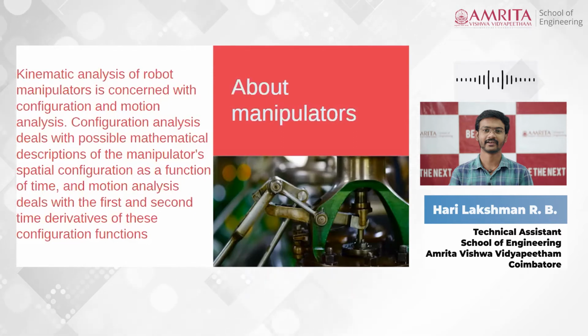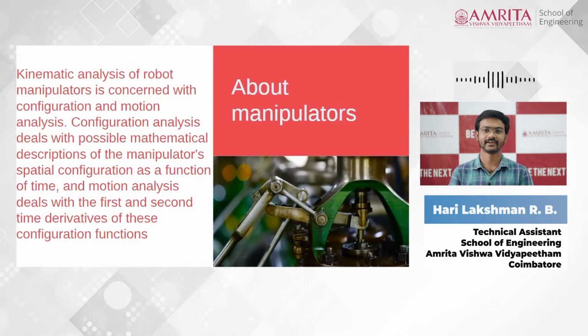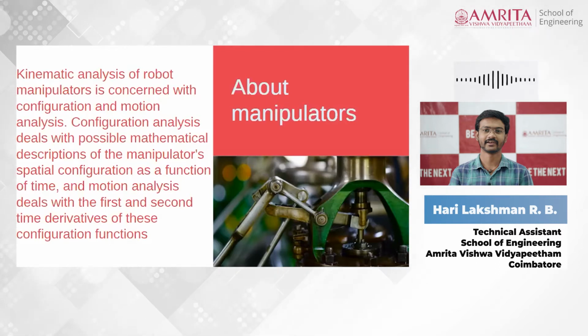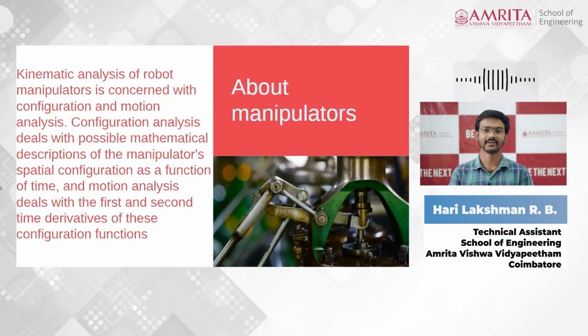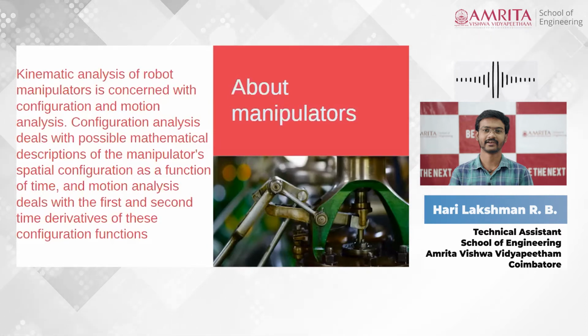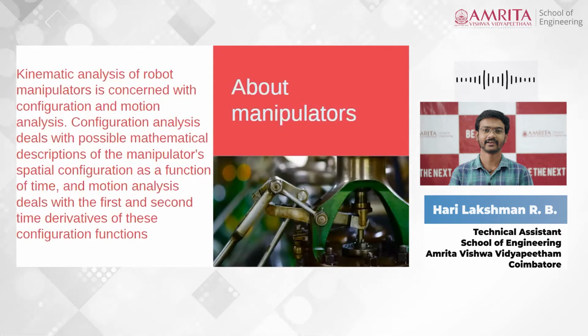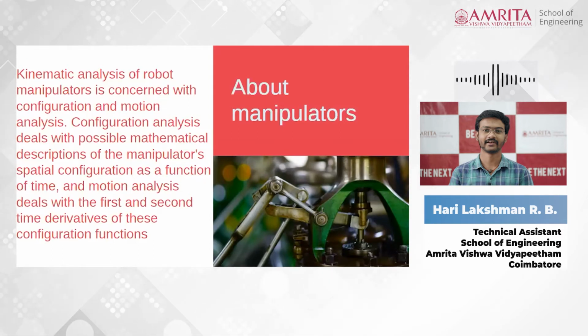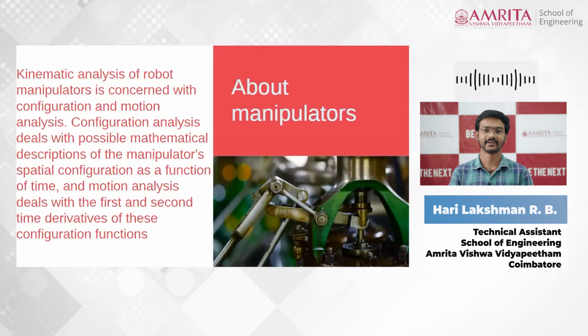The second thing is motion analysis under the kinematics of the manipulator. Motion analysis deals with the first and second time derivatives of the configuration functions. This is a bit complicated, but try to make note of it, because the dynamics of a robot deals with the relation between actuator torque or forces and the manipulator motions, considering its mass and inertial properties.